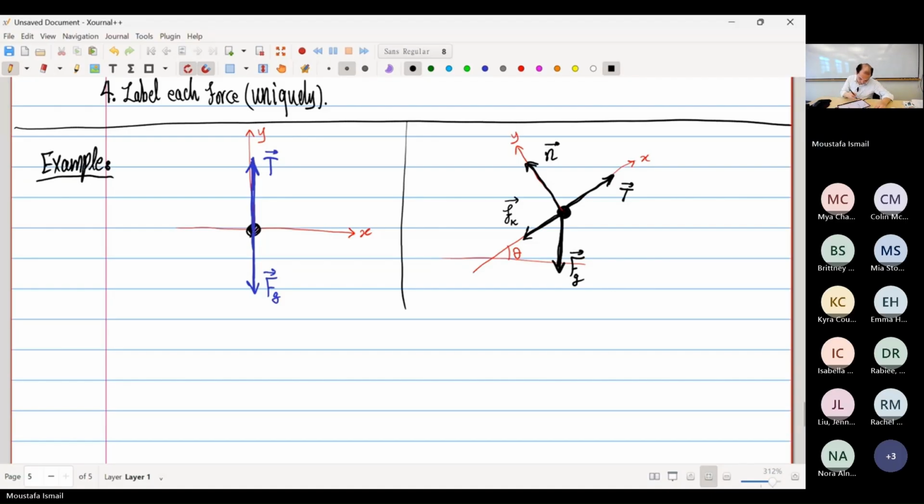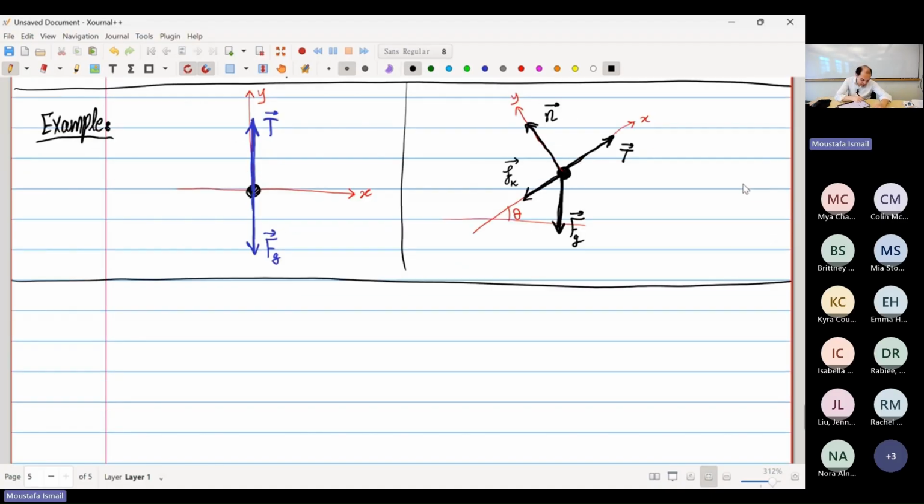Good. We're almost there. There is one final thing we need to mention, and then we're gonna take a break. The final thing is combining forces. This is nothing you haven't seen before in vectors. What we are doing here is all vector representation, vector addition, vector decomposition.